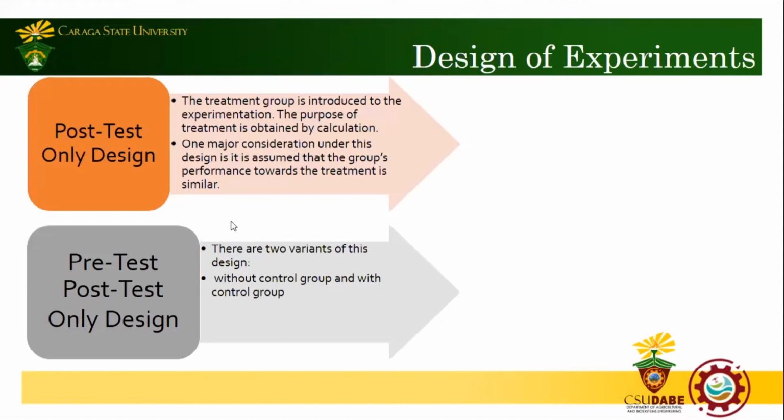So when you say post-test, the treatment group is introduced to the experimentation, no? Katong mga treated ni mga samples, imo siyang gi-introduce sa experimentation. And then one major consideration under this design is it is assumed that the group's performance towards the treatment is similar. Okay? Assuming ana kay group sa imong samples, treated ni siya, katong ingon ako nga imong i-dry si banana nga gibutang nimo siya sa sampler nga naay wood ang iyang base.